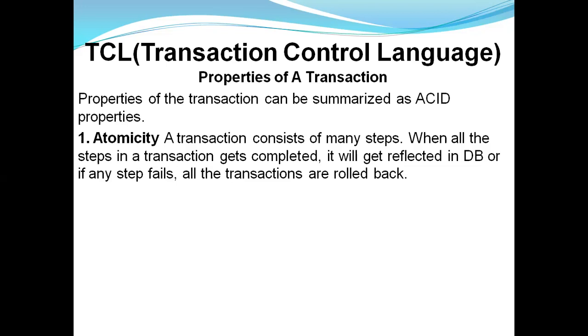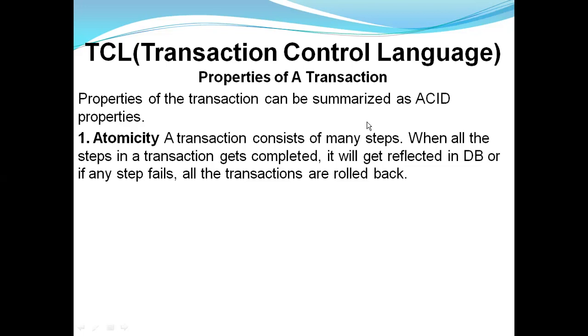So atomicity says that when all the steps in a transaction get completed, it will get reflected in the DB. Only when everything is complete should the friend's 80,000 and your 21,000 be reflected. If even one of the steps fails, then the entire transaction should be rolled back. What's the meaning of rolled back? If one step fails, then everything that was completed should also be reversed. That's called atomicity.